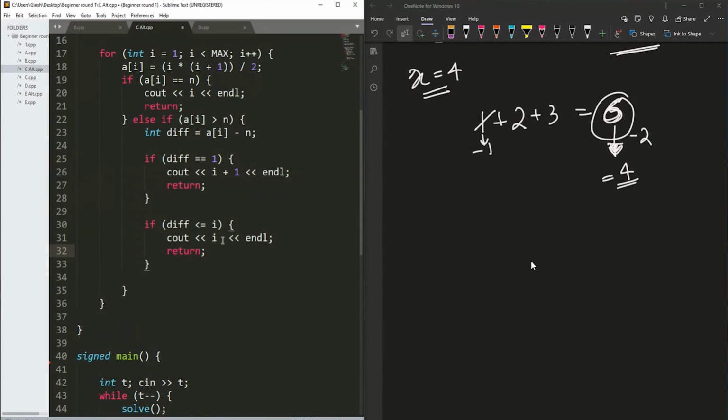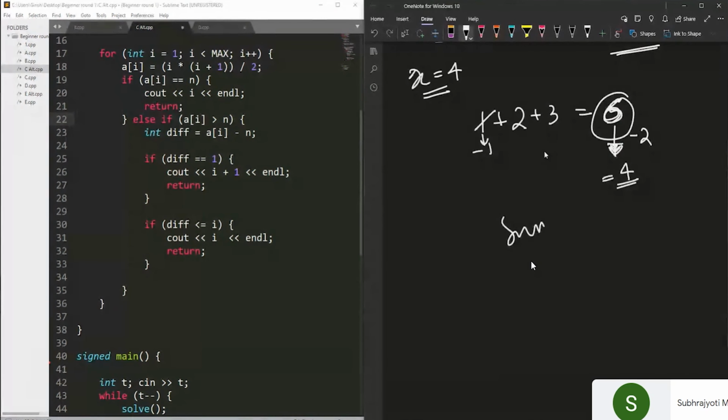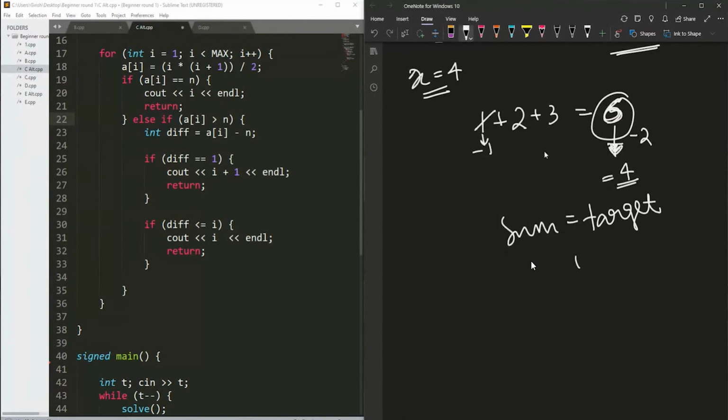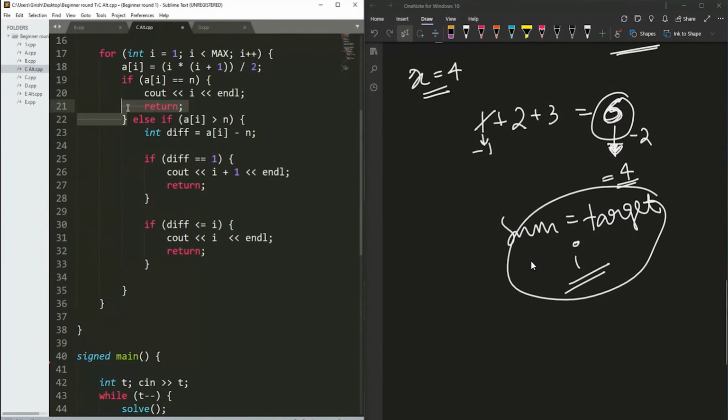Can you please explain once more the else if part? Which part? From else if? Okay. So you see that if the sum is equal to the target variable, then I will just print i. This was my first case.